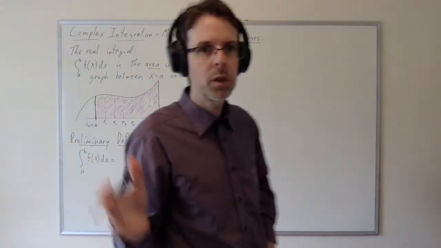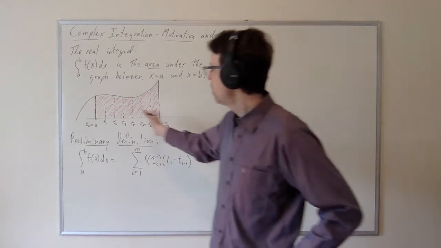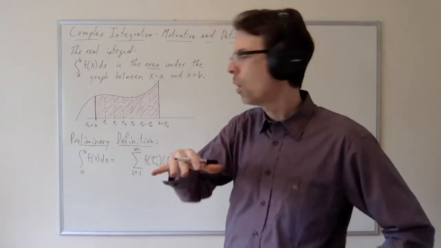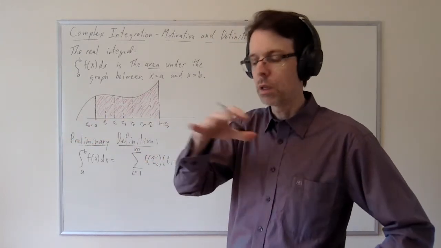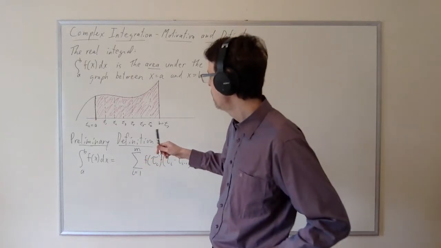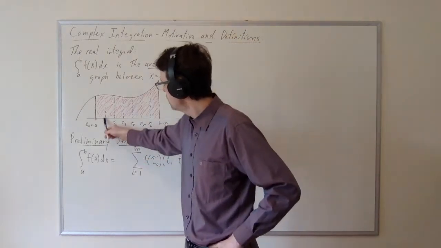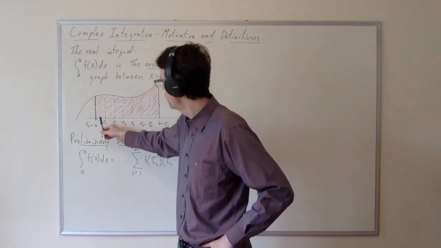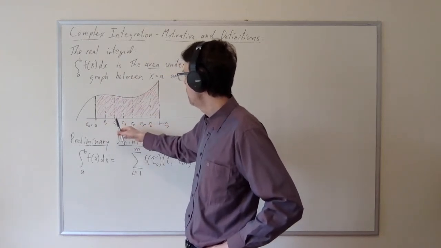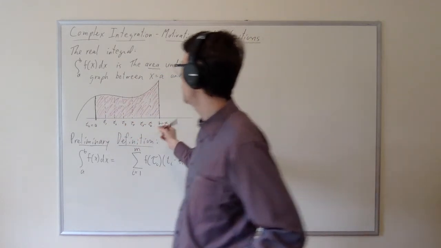The data of this division is called a partition, although we will add a little bit more information to the partition shortly. So this divides the region from a to b into 7 equal pieces in this case.